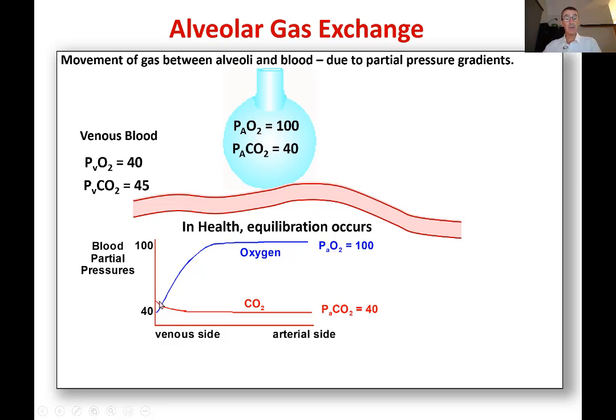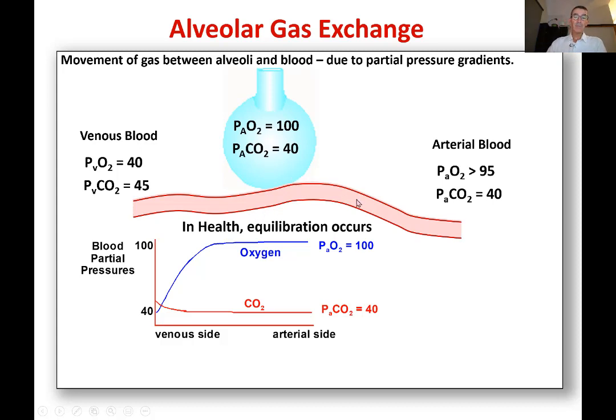Carbon dioxide arrives with a partial pressure of 45, probably equilibrates even quicker because CO2 is a more soluble gas, and leaves with a partial pressure of 40. So the blood's arriving with these partial pressures and leaving with the same partial pressures of gases that it sees in the alveoli. So you get very rapid equilibration.